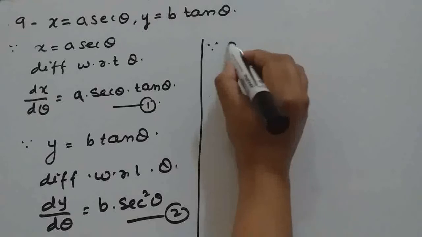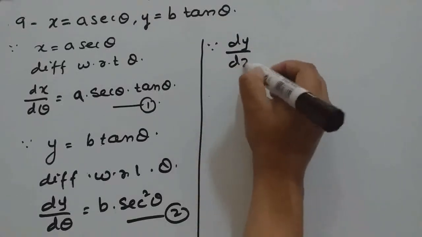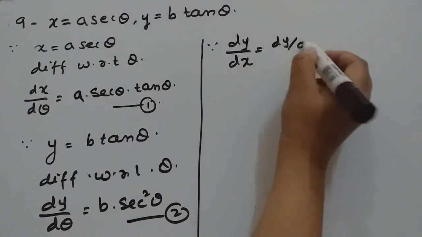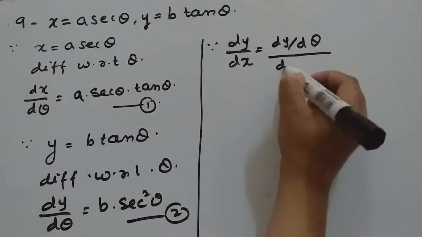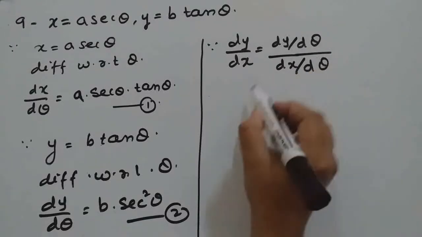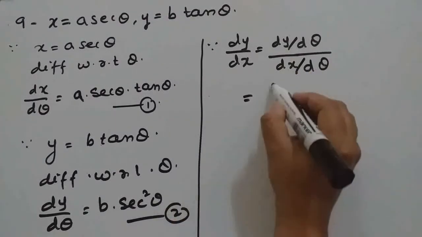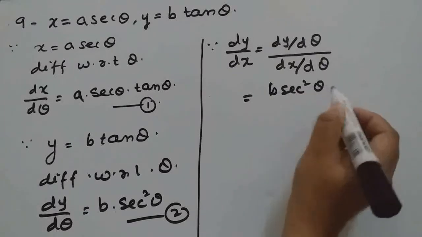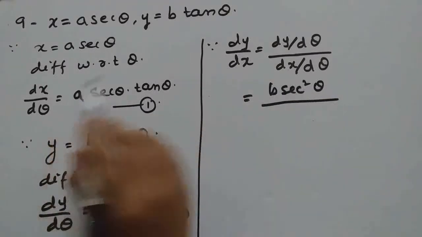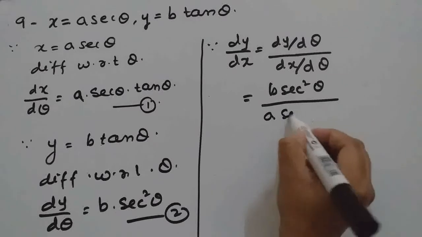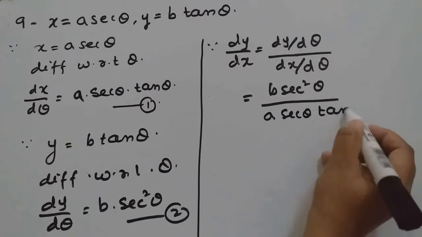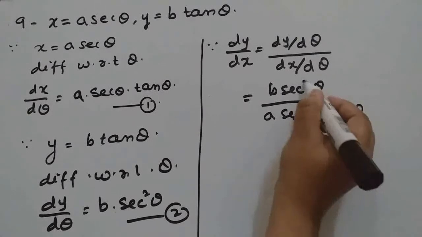Since we know dy by dx is dy by d theta divided by dx by d theta. So dy by d theta means b sec square theta and dx by d theta means a sec theta tan theta. So one sec will go.